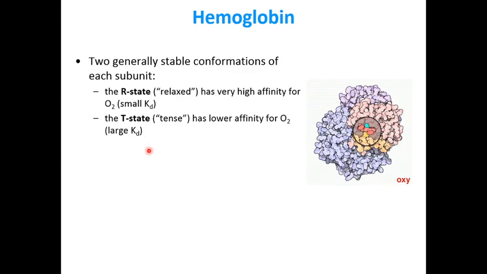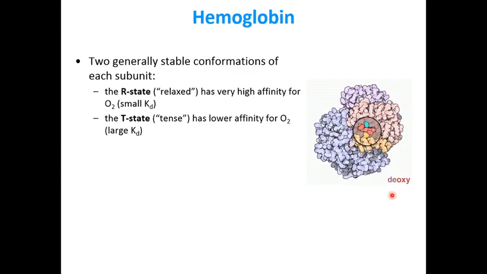Although oxygen binds to hemoglobin in either state, it has a significantly higher affinity for the R state, as I said. When the oxygen is absent, experimentally the T state is more stable and is thus the predominant conformation of deoxyhemoglobin. T state is related to deoxyhemoglobin.